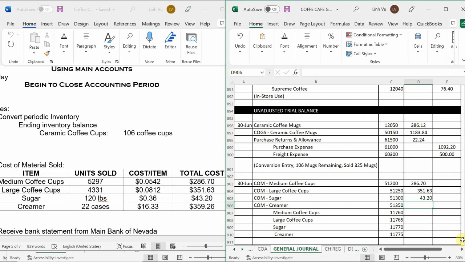The total cost of my creamer. Okay. So 286.70, 351.63, 43.20, and 159.26. Okay.